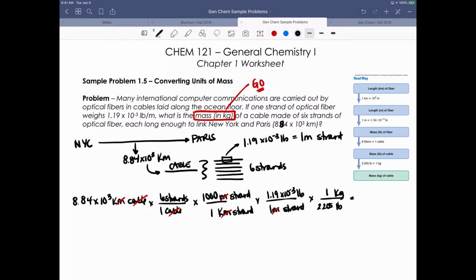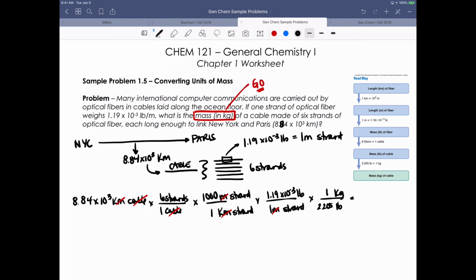Now go through and make the final calculation here. Something I've highlighted to people, if this is new for you: calculate everything in the numerator, multiply everything in the numerator and write that answer. Then multiply everything in the denominator and write that answer.